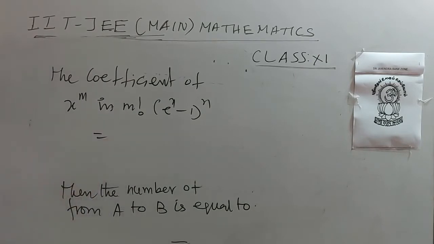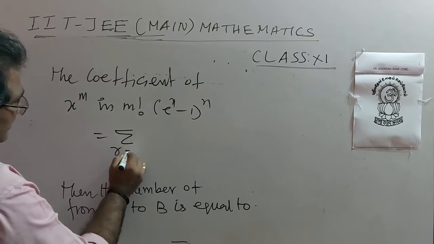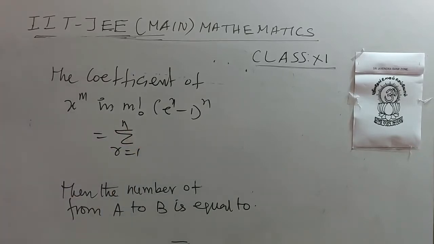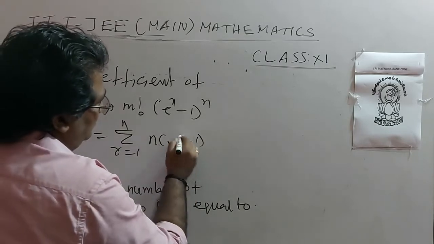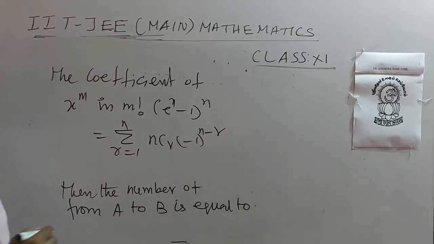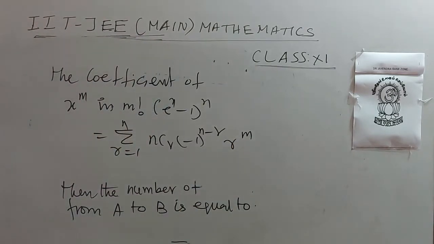That is, summation r equal to 1 to n, nCr into (minus 1) whole power n minus r into r power m.